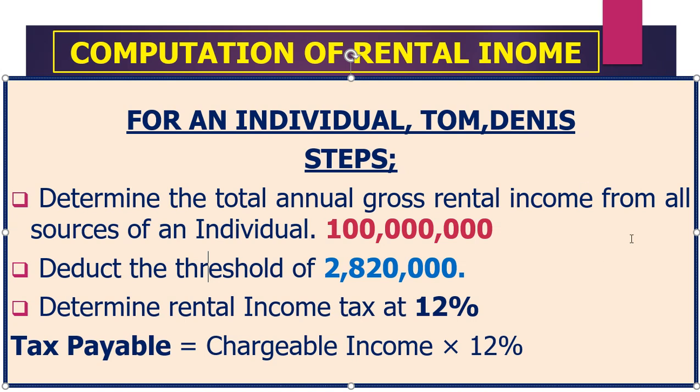So now they are bundling all those expenses as 2.82 million. So subtract that figure from 100 million. If the gross rental was 100 million, what remains is subjected to 12%, and that one is the rental income tax for an individual.